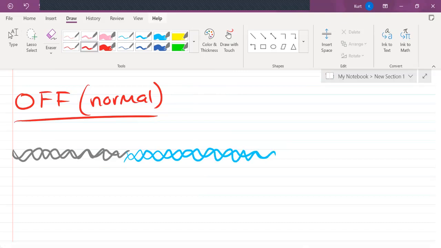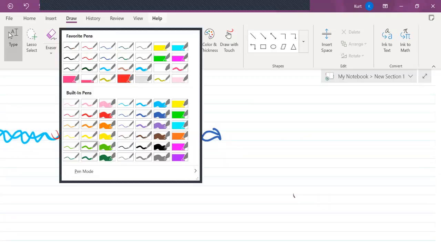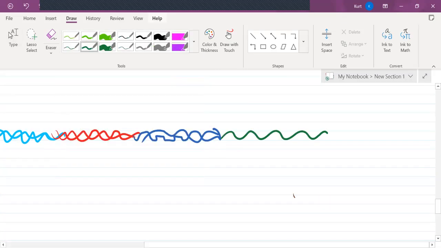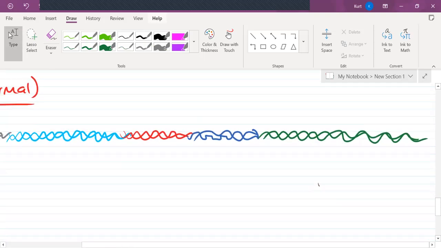Void filler DNA. Promoter. Operator. Structural.